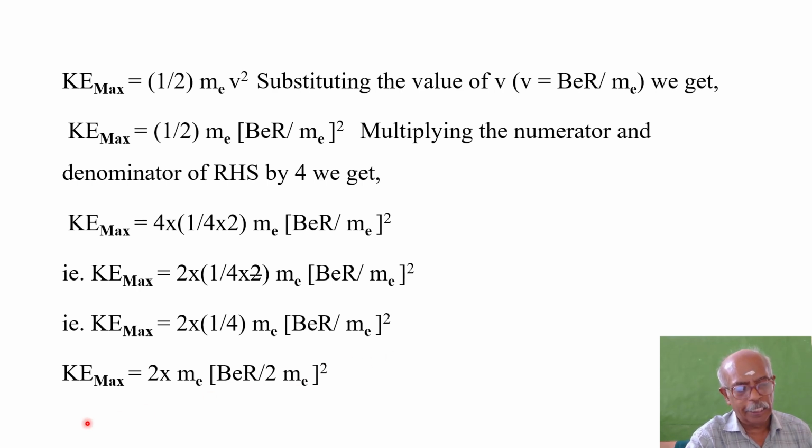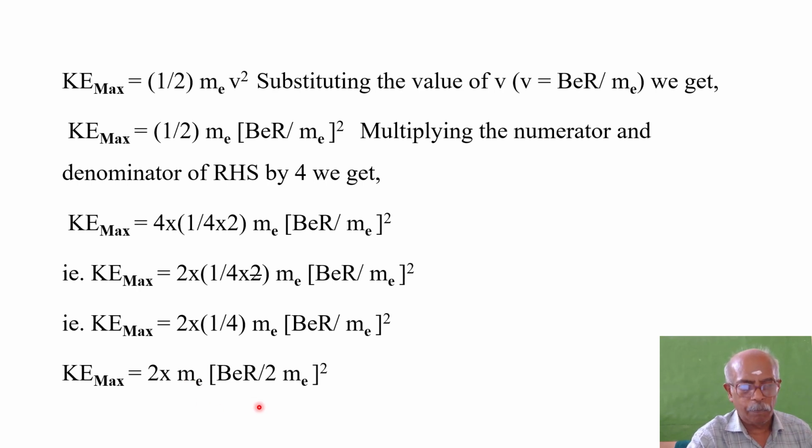So KE max is equal to 2 into m_e, and if you put this 4 inside the square, it will become 2, because 2 squared is 4.